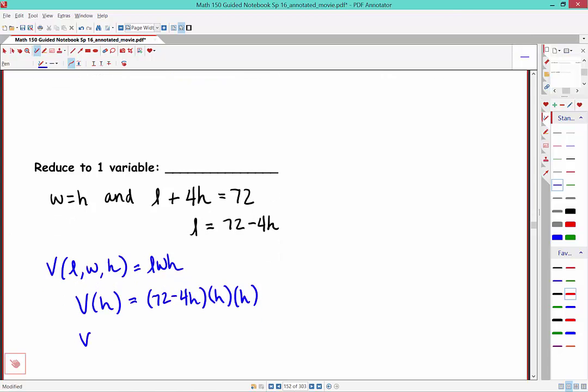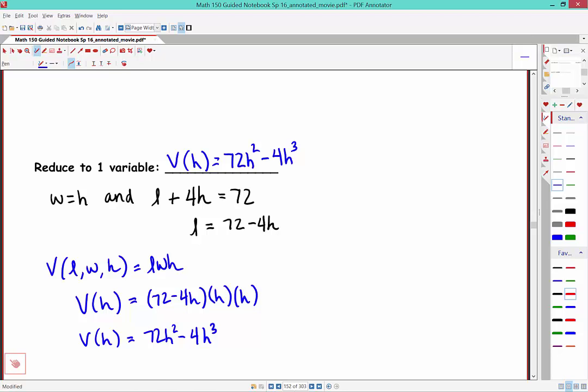So the volume in terms of height alone is 72h squared minus 4h cubed. Good so far?